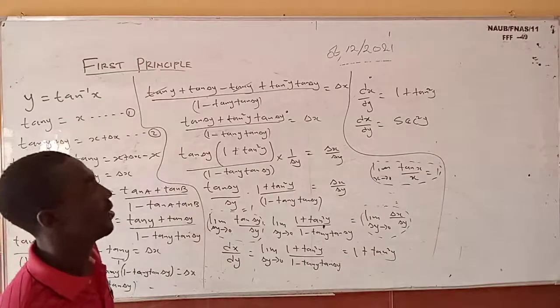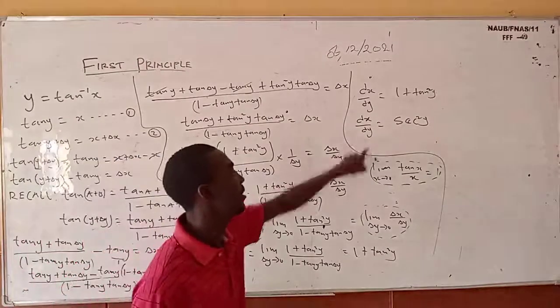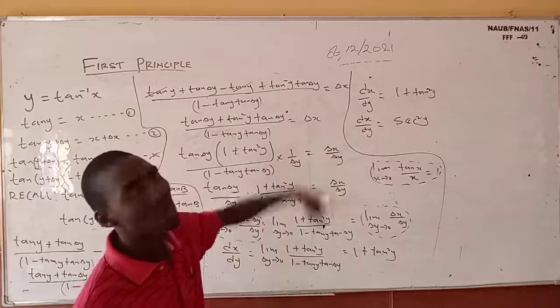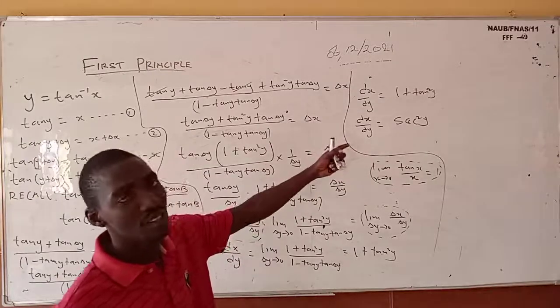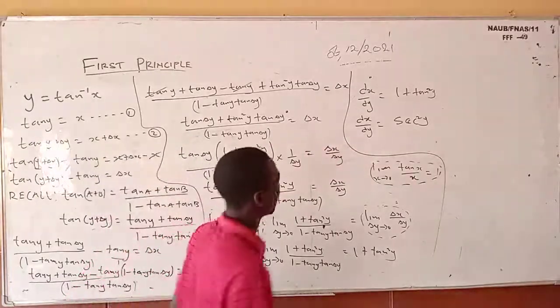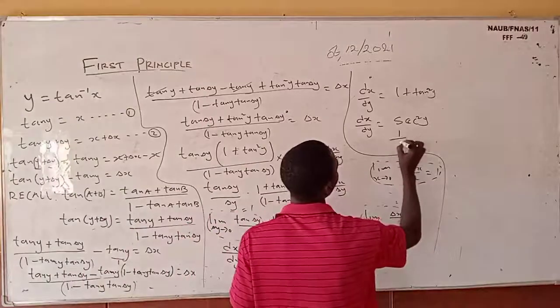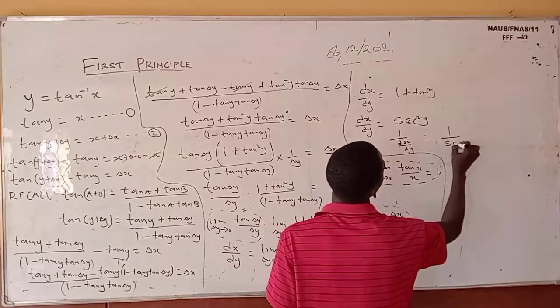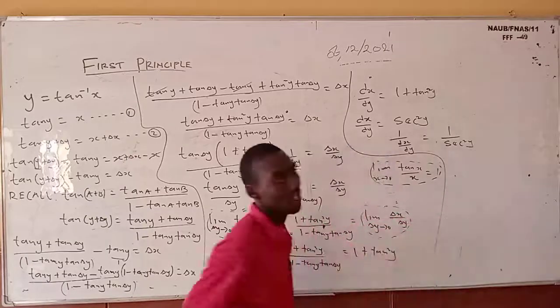But this thing is not in order. So we want to make it dy over ds. You know this, we take the reciprocal. If we take the reciprocal, we are going to have 1 over ds over dy equals 1 all over sec square y. Right?